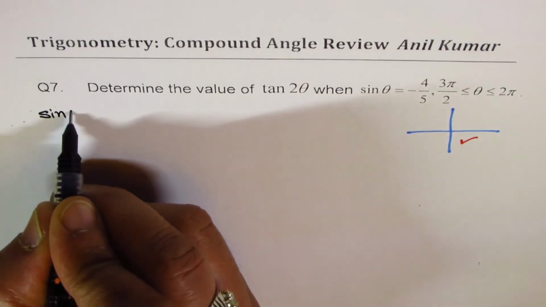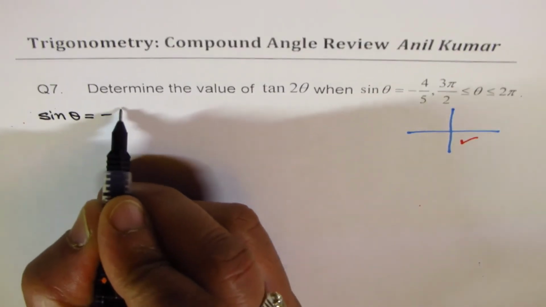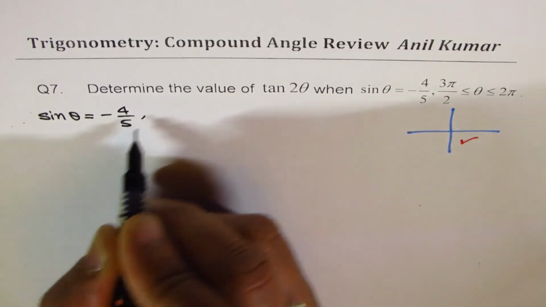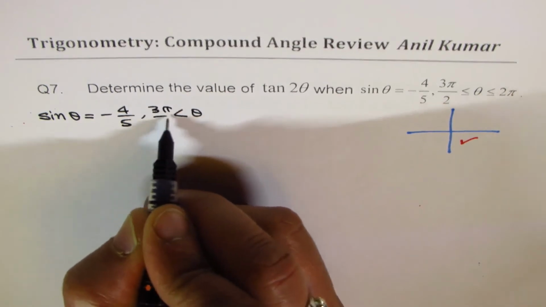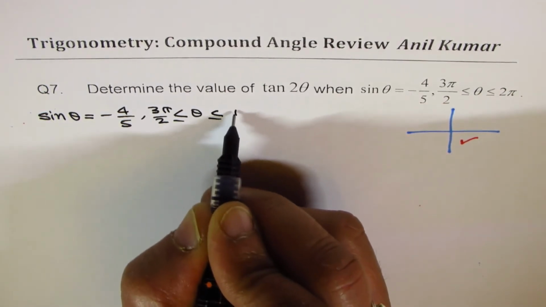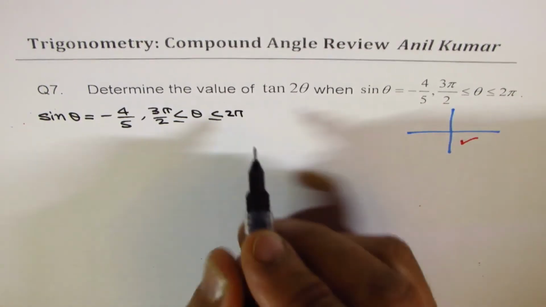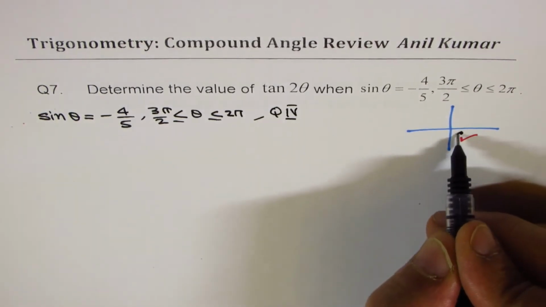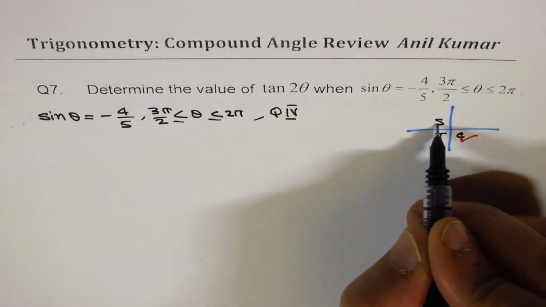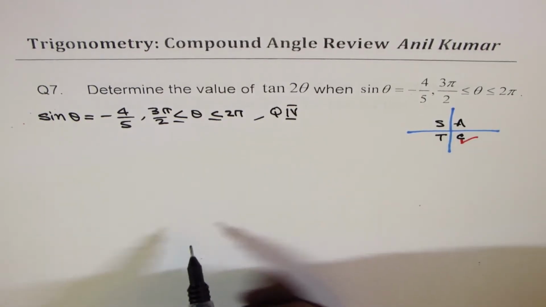We know sine theta is equal to minus 4 over 5, and theta is between 3 pi by 2 and 2 pi, right? That is to say, we are in quadrant 4. In quadrant 4, only cos is positive, all others are negative.